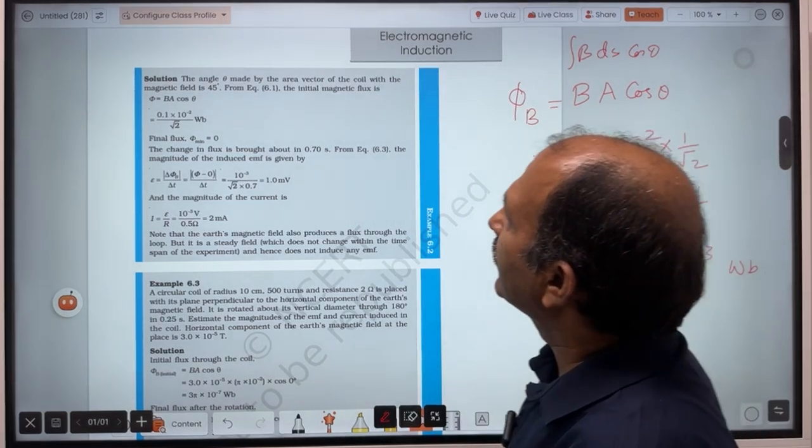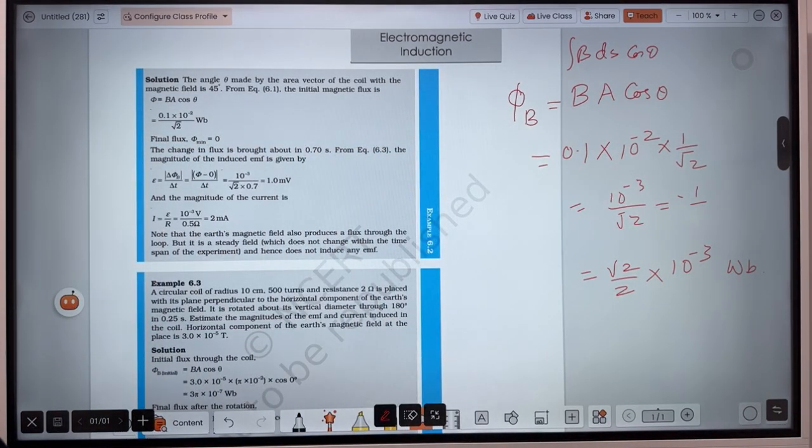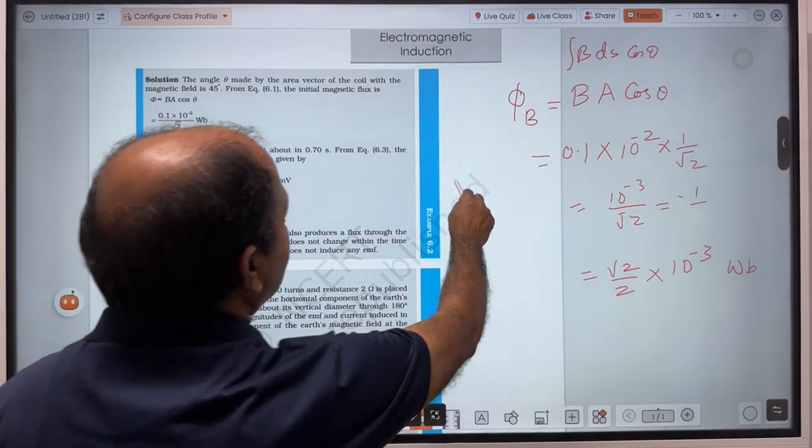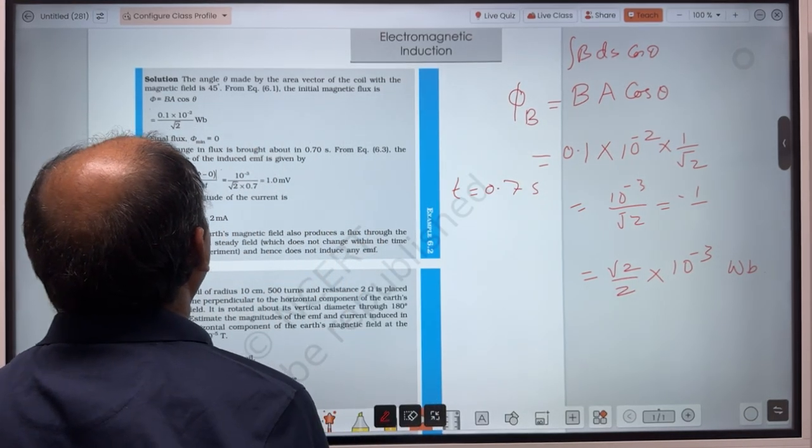And the second case is when the flux is a minimum, then theta will be 90 degrees. So that case they are talking about. Now here we have got the value of flux, and time is also given. It is given as t equal to 0.7 second, and we have to find out the EMF.